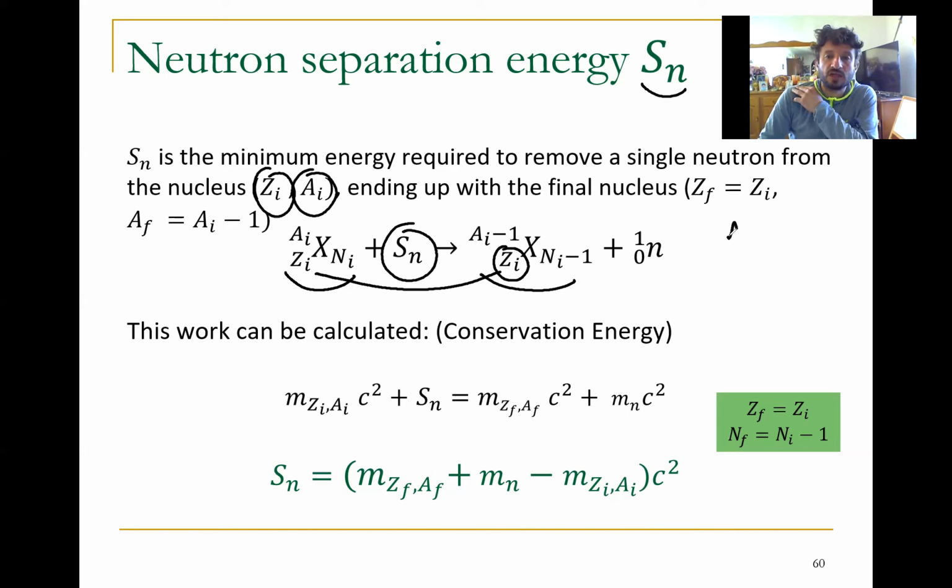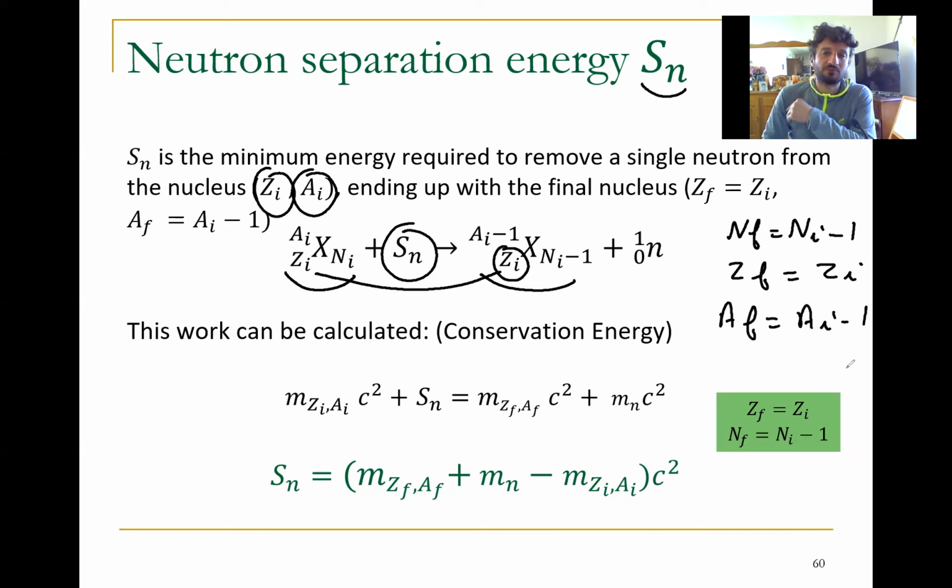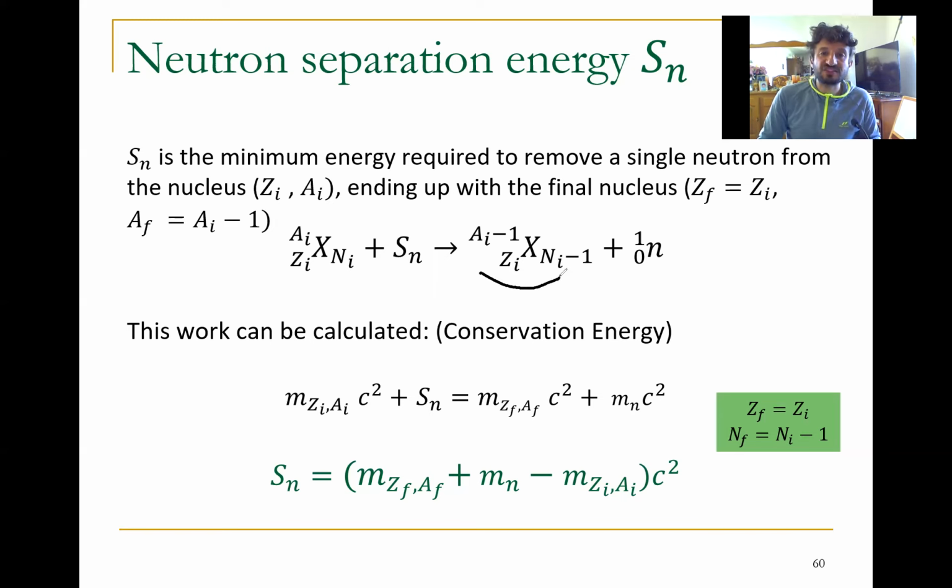So N final equals N initial minus 1, but Z final equals Z initial, and A final must equal A initial minus 1, because we reduce the number of neutrons. So finally, we get this atom with Ai minus 1 as A final, and Zi equals Z final.